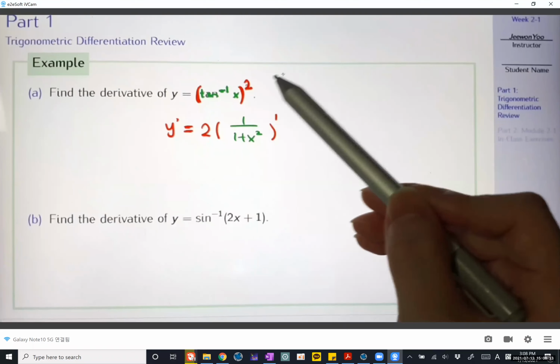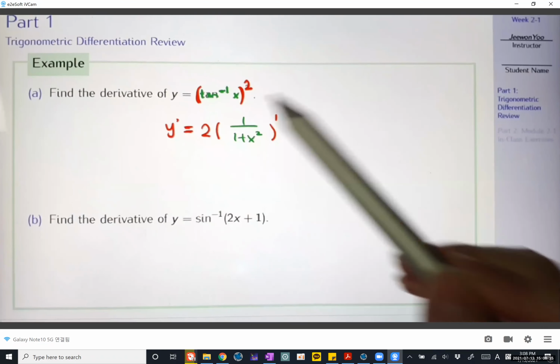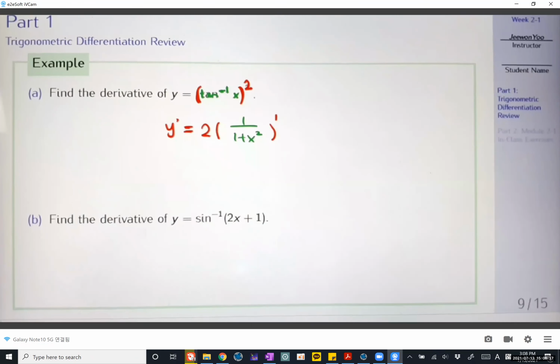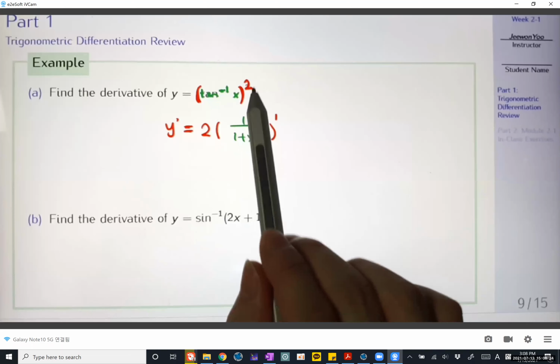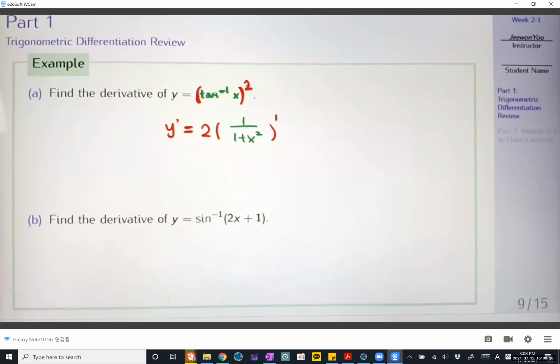I brought the power downstairs, and then I found the derivative of the inside. So I did the outside derivative first, and next the derivative of the inside. Am I correct or wrong? Anyone thought it looks correct?